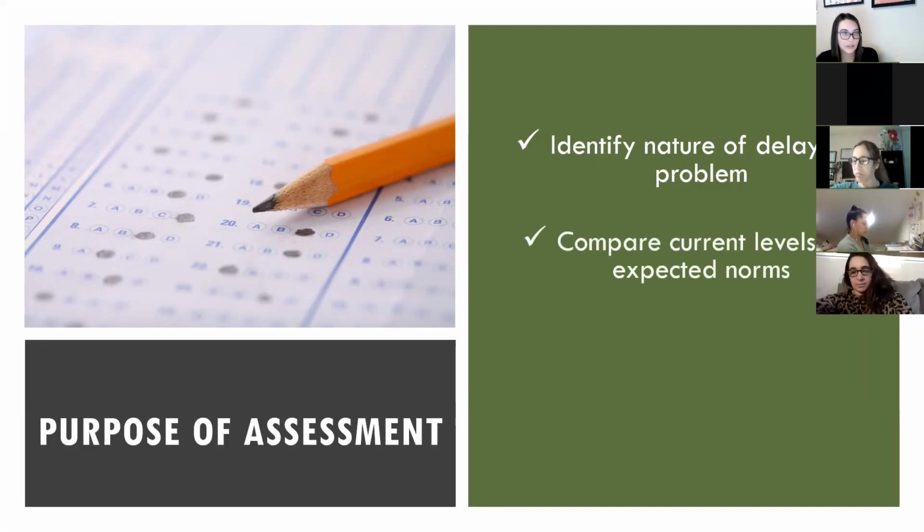The next purpose is to compare those current levels, their current skill levels, to that expected norm. So what does that mean? Well, in behavior analysis, we look at the typical development pattern of typically developing children, and our assessments kind of rate our clients or compare them to what that typical path is and see, where are there some gaps.